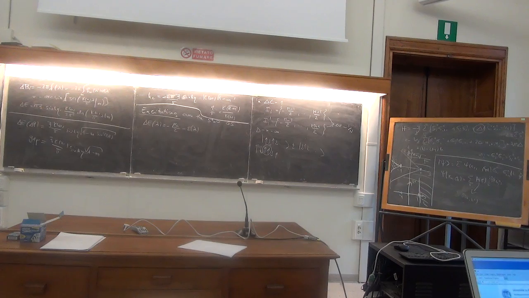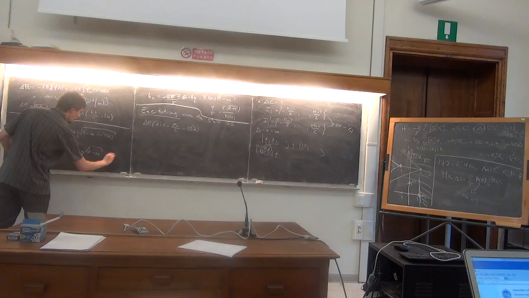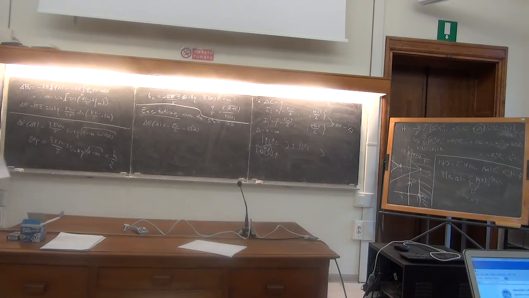And actually, I erased my critical magnetic field, but of course it's still there. So it seems to be related to this critical magnetic field Hc over 2. Now I'm not really sure about this factor of 2.